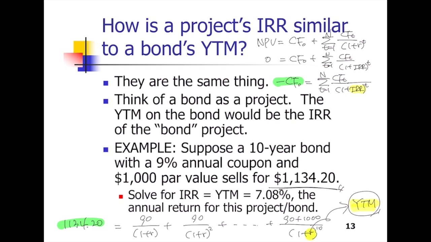Why? The yield to maturity is the discount rate that puts the present value of cash flow equal to the price of the bond, right? And IRR is the rate that puts the present value of cash flow equal to the initial cost. Yeah, it is a very similar concept, similar framework.